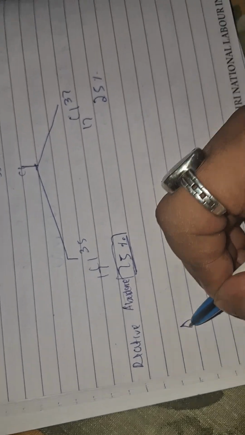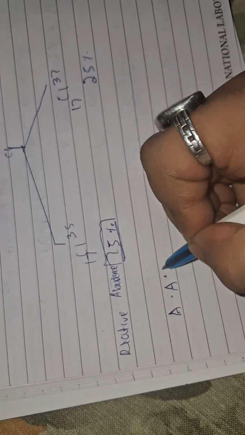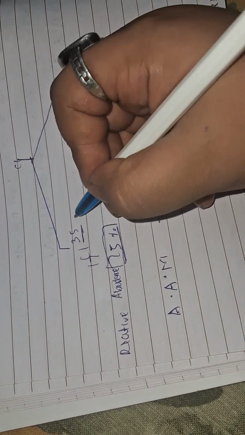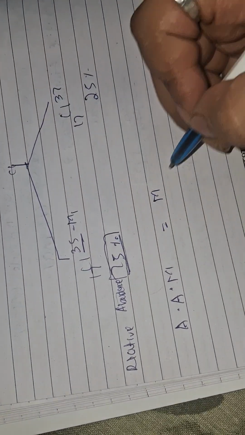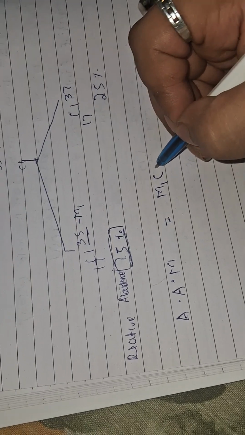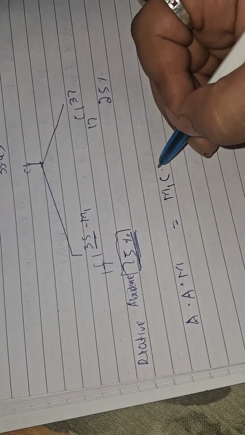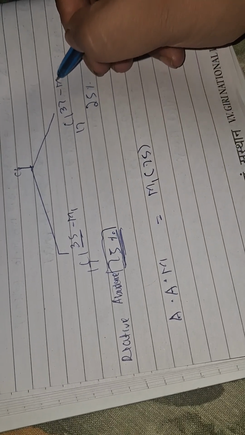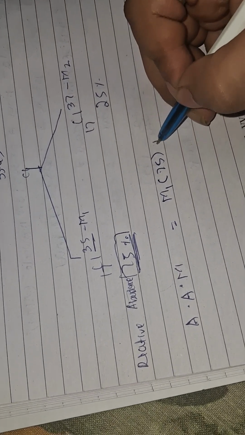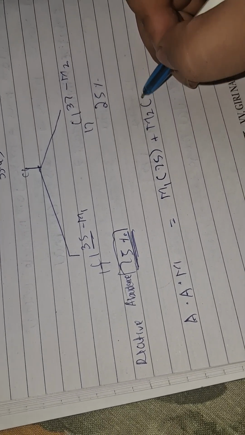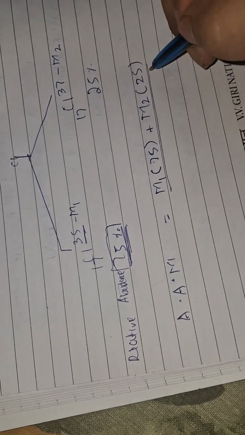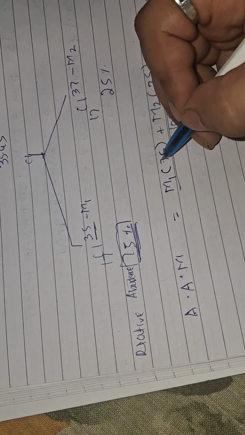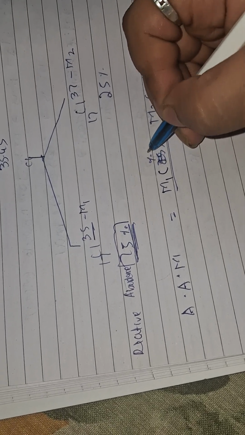So the average atomic mass is given by m1 into percentage 75 plus m2 into 25 upon 100 percentage.